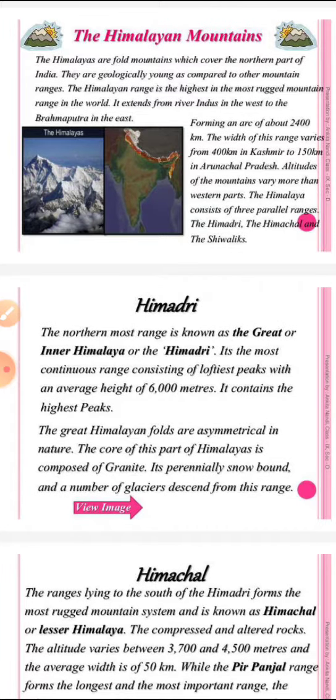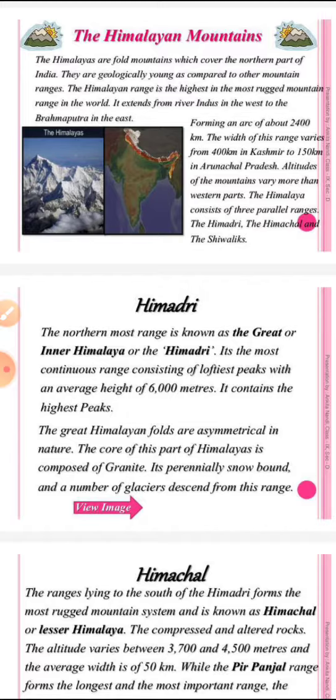First, let us discuss the Himadri range. Some characteristics of the Himadri range are that it is the most continuous range, and the average height is about 6000 meters above mean sea level. Most of the important peaks, like Mount Everest and Kanchenjunga, are found in this range.